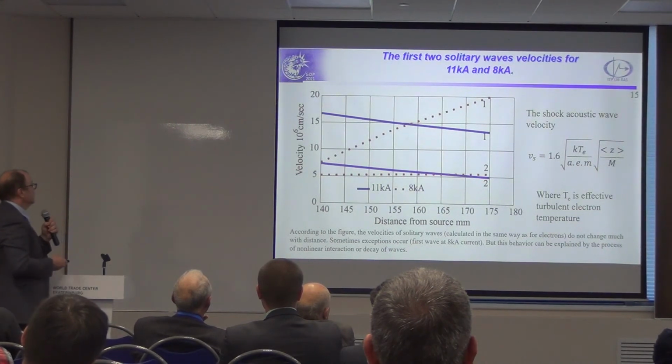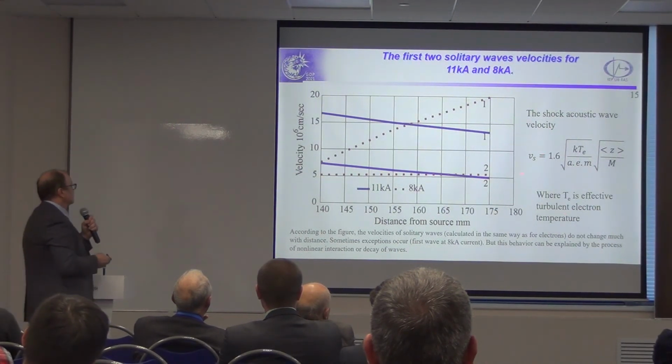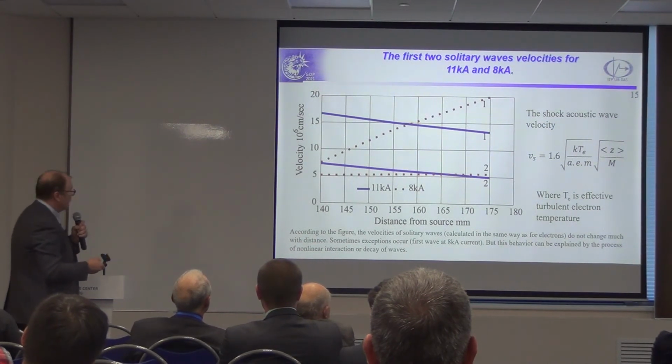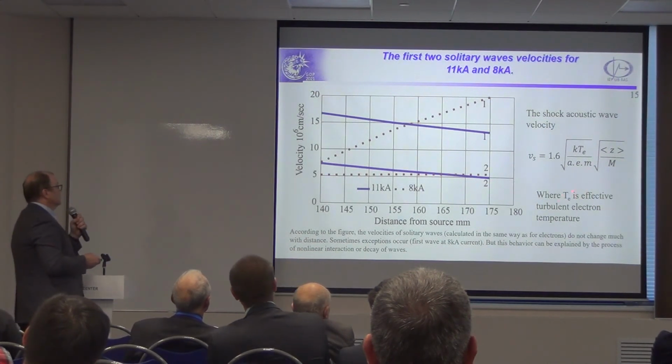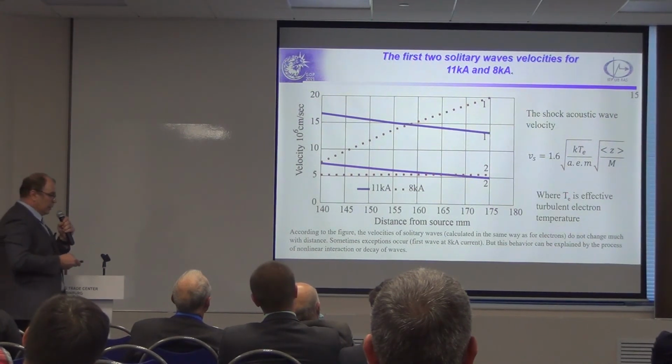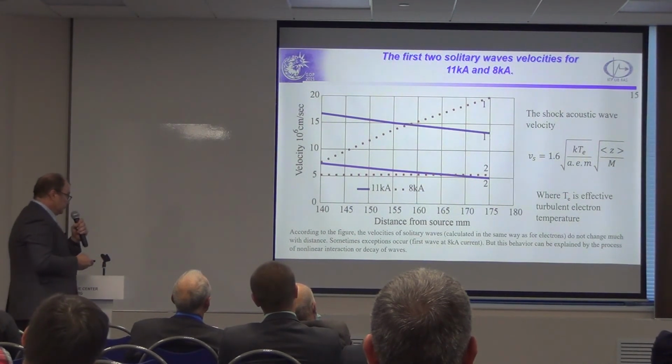whose velocity can be estimated according to this formula, where the temperature of electrons is not the temperature of thermal electrons, but the so-called effective turbulent electron temperature, the temperature of electrons in the turbulent oscillation inside the plasma.